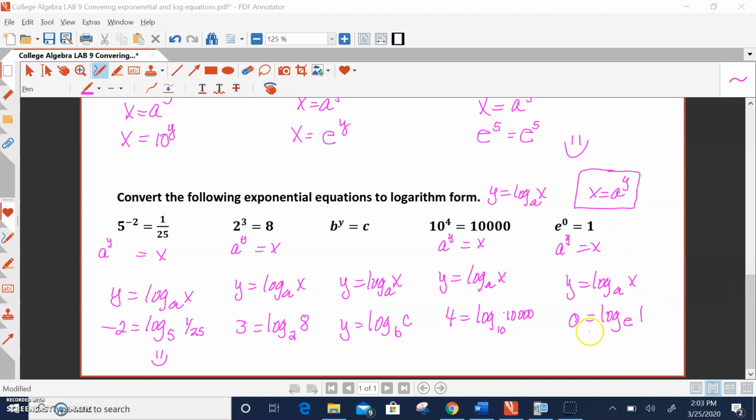Now, this would not be the official way to write it. Because it's log base e, we have to convert it to an ln. So log base e needs to be written as ln, same as the common logarithm. I'm not going to write the 10, I'm just going to write the 10,000. This should help you get through this lab assignment.